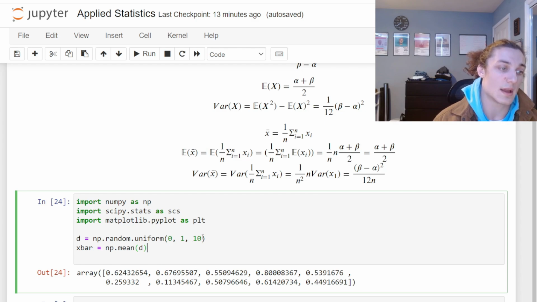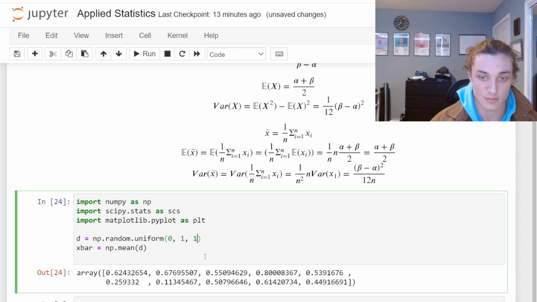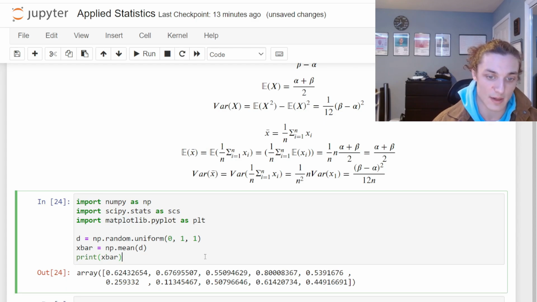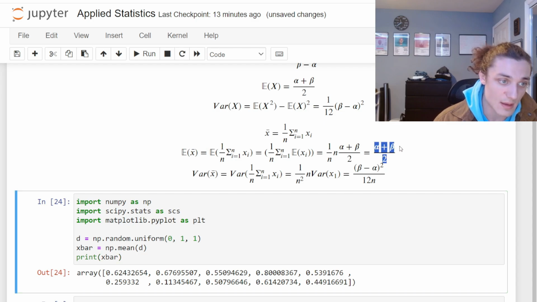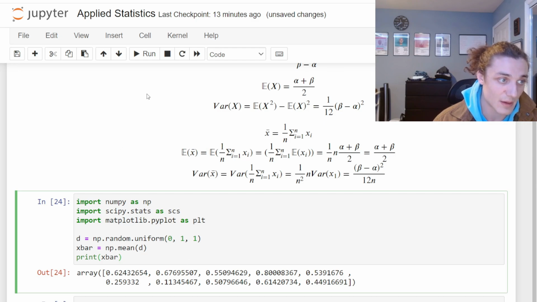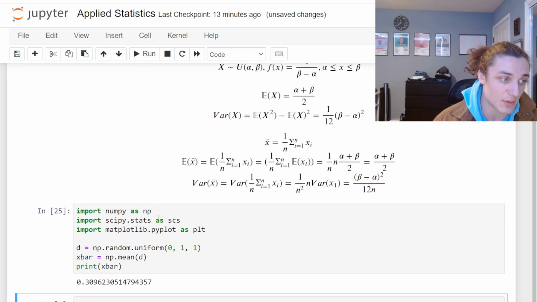Well, let's just go ahead and start by creating a sample of 1, and we will print x bar. Analytically, what should the mean be? Alpha plus beta over 2. So 0 plus 1 over 2 is 1/2. So it should be 0.5. So if I run this with one sample, we get 0.3.